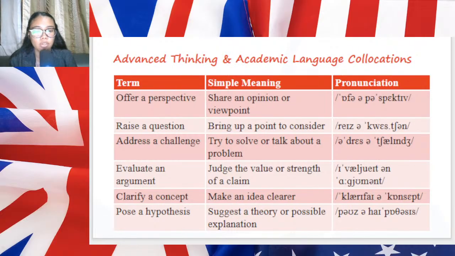The first sound is the CH sound. Question. This is another way to say the TION spelling, but it is not pronounced as shun. Instead of sh, we say it as ch. We start with the ch sound. So chon.